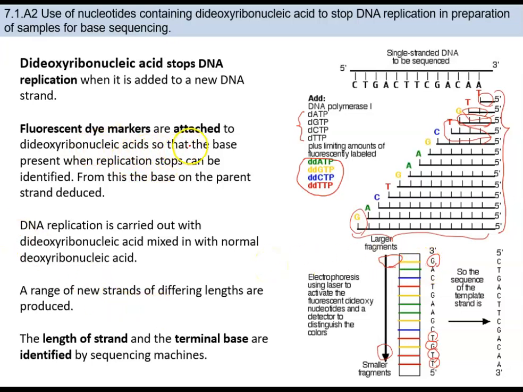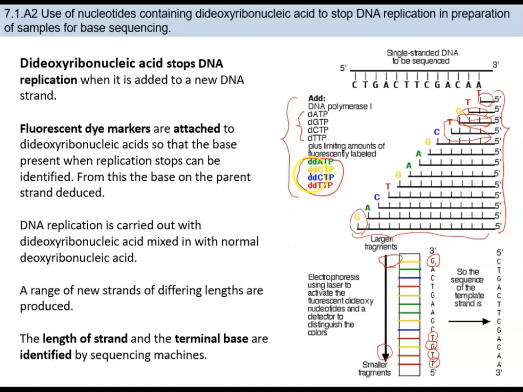Fluorescent dye markers are attached to dideoxyribonucleic acid so that the base present when replication stops can be identified. From this, the base in the parent strand is deduced. DNA replication is carried out with dideoxyribonucleic acid mixed with normal deoxyribonucleic acid. So this is what you got.